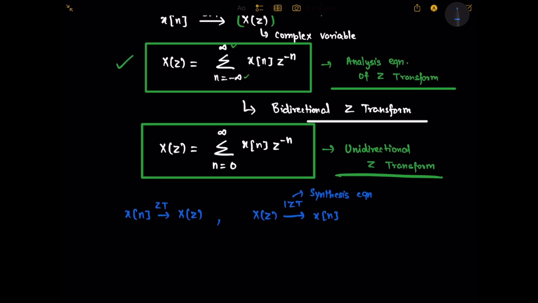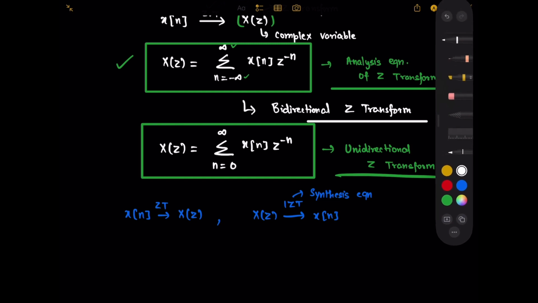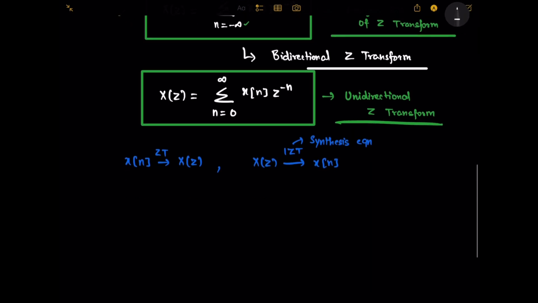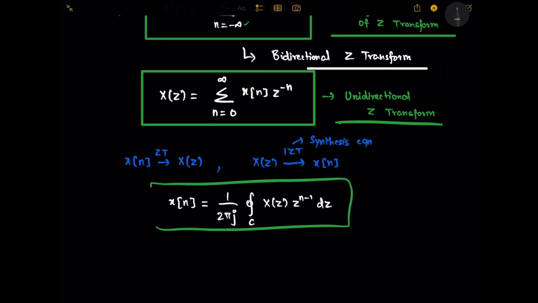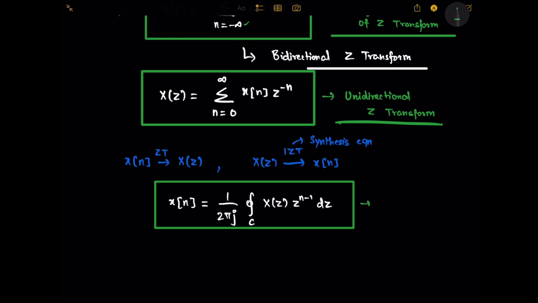So we will be able to convert X of z to x of n, and for that the equation is given here. This is the equation governing the inverse Z transform. Sorry, this is the synthesis equation.